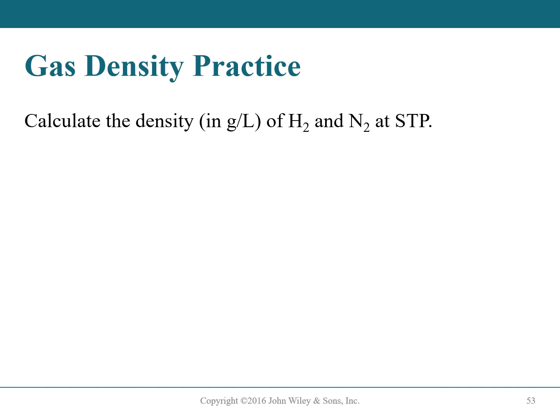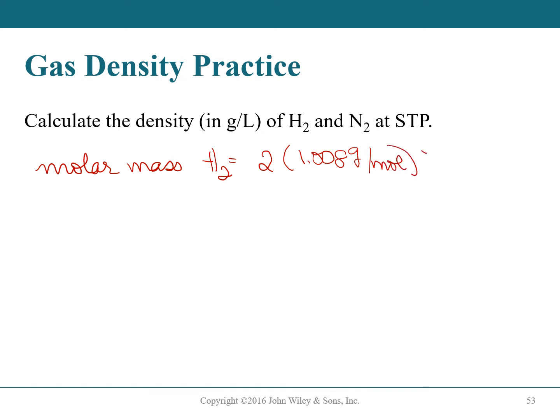Okay. So let's take a look at grams per liter of hydrogen and nitrogen. So in hydrogen, the molar mass of hydrogen is 2 times 1.008 grams per mole. So that's 2.016 grams per mole. Okay, so the density is going to be equal to the 2.016 grams per mole.